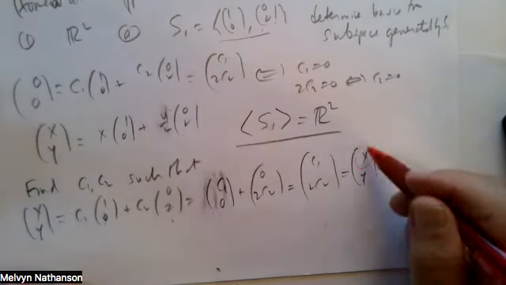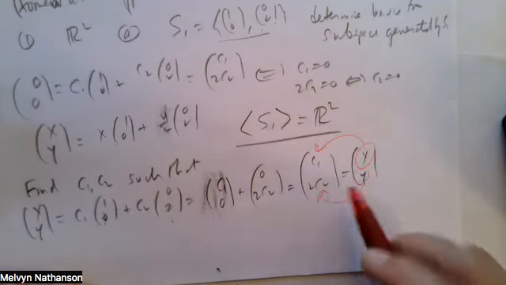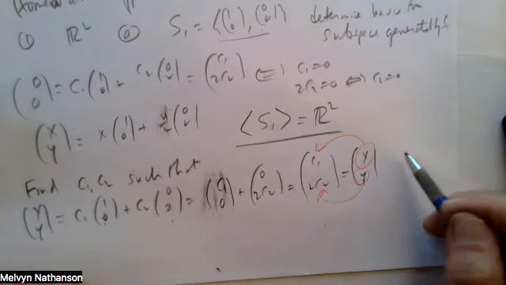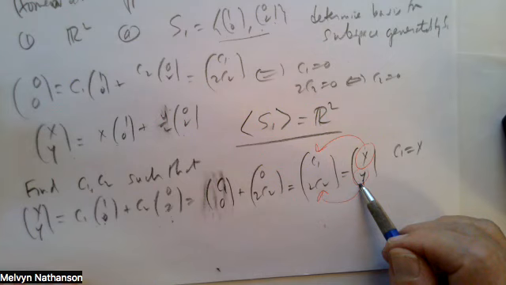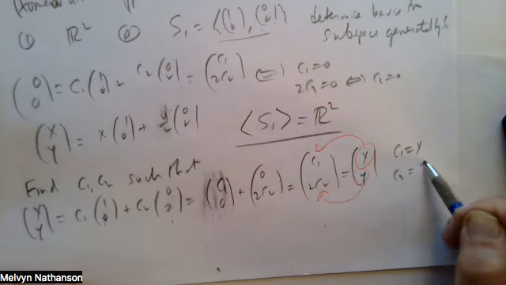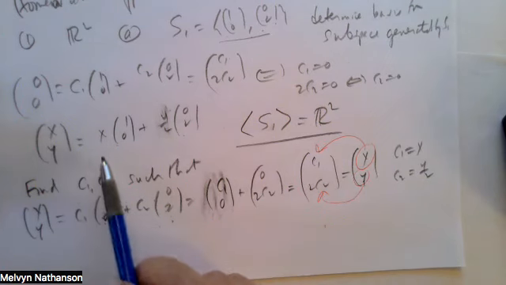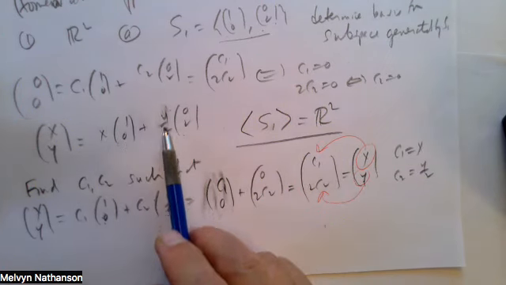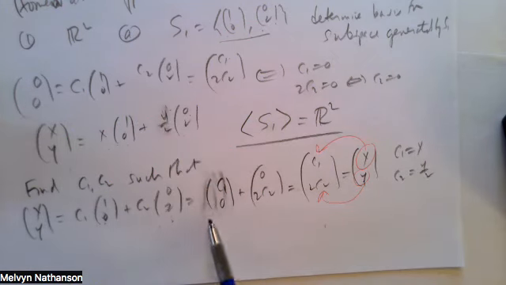So x has to be C1 and y has to be 2C2. So C1 has to be x, and if 2C2 is y, C2 has to be half of y. That's how I got these numbers: x times (1, 0) plus y over 2 times (0, 2) equals (x, y). I'm solving this vector equation.